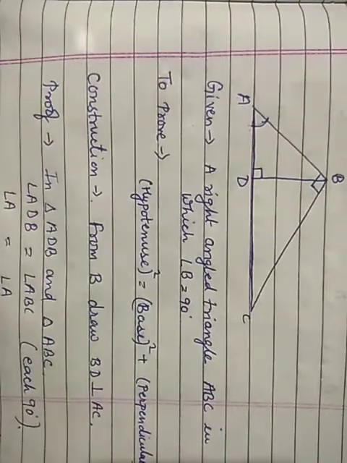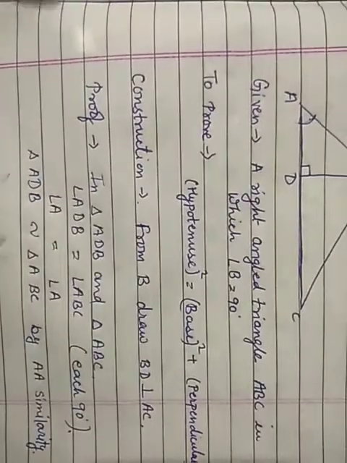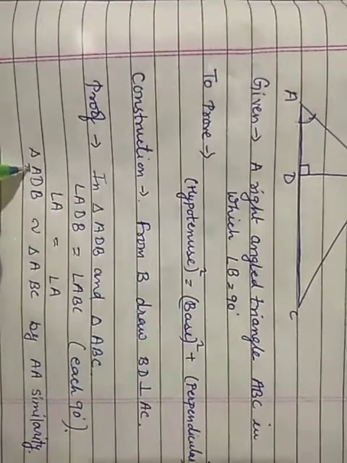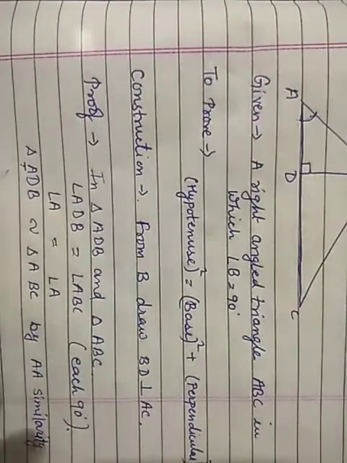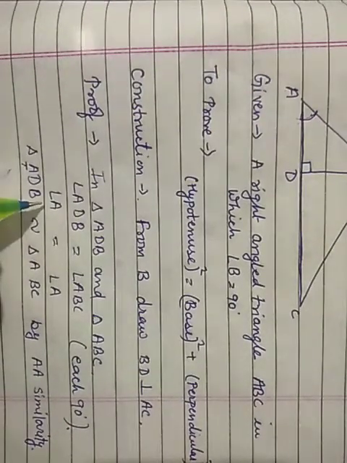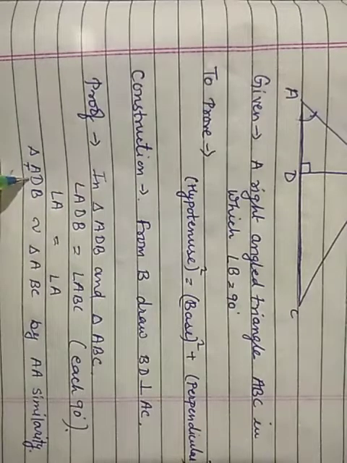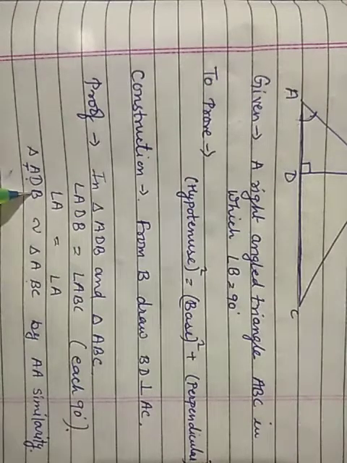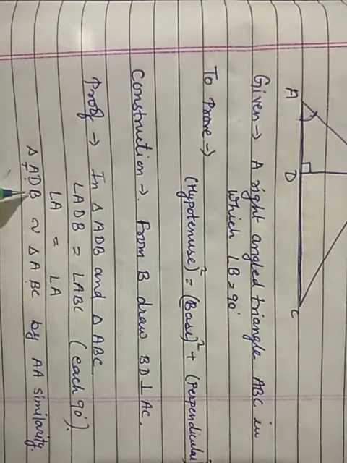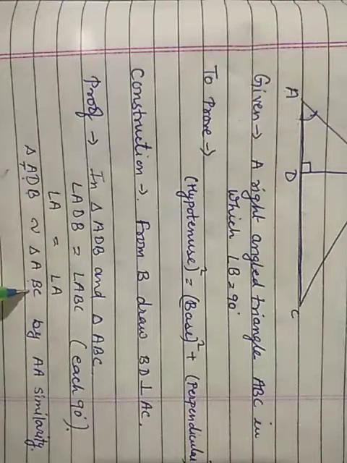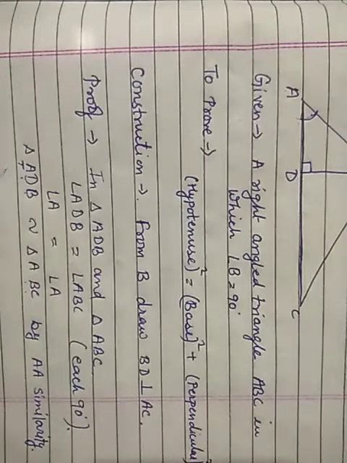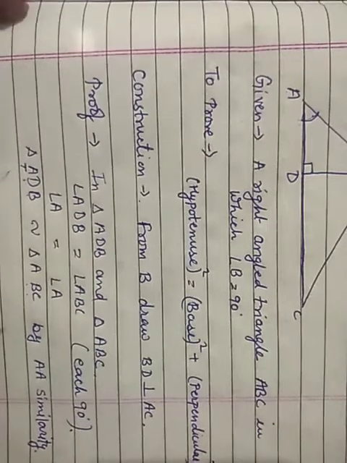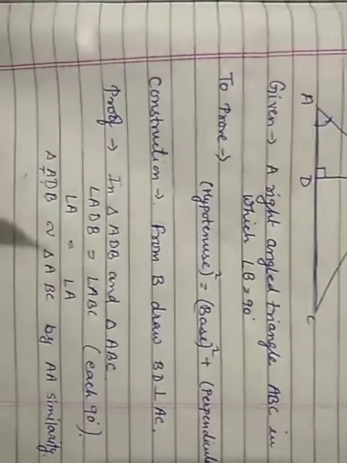While writing the names of triangles you have to be very careful. We have written first the common angle, then after that the right angle D, and here the right angle is B, then the last vertex, which is here B and here C. So our triangles are similar. Now the corresponding sides are proportional, that we have to show.